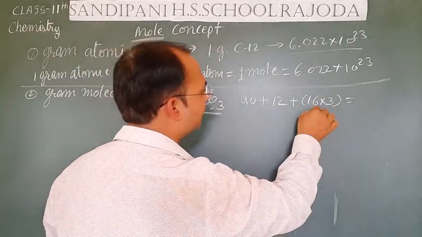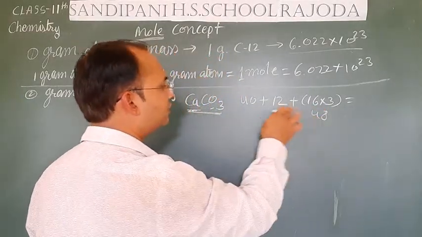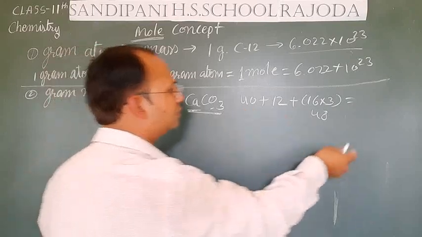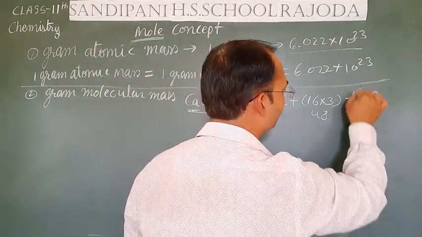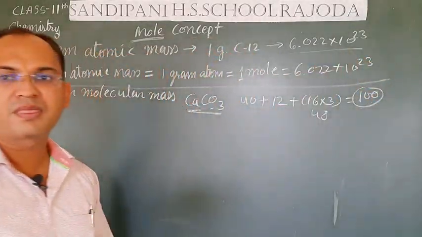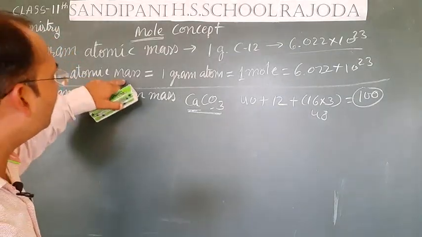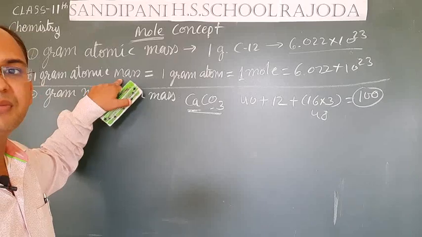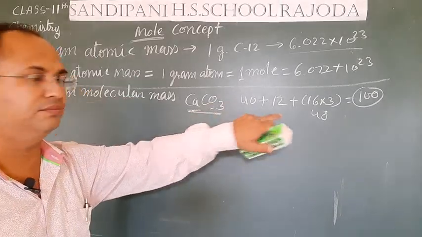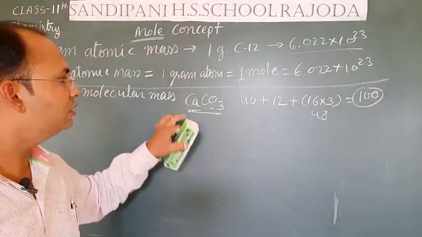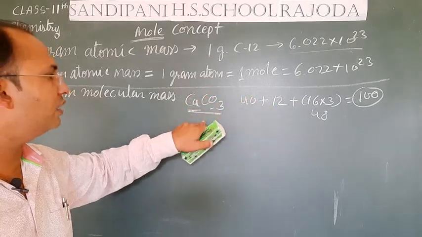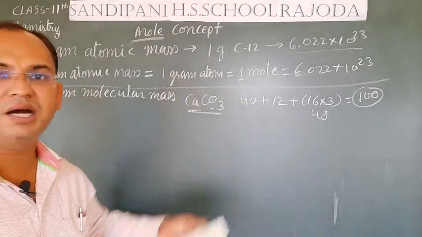So it will be 48, 50, 60 and 100. It is equal to 100. Now students, if we take 1 gram molecular mass, it will be equal to 100 gram, because the molecular mass of calcium carbonate is 100.